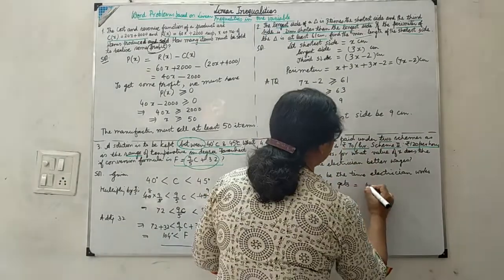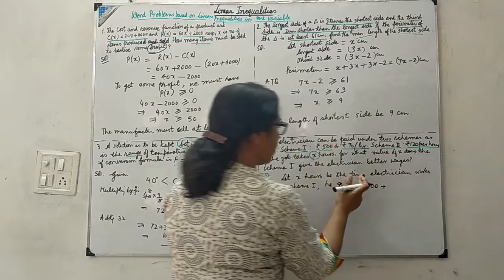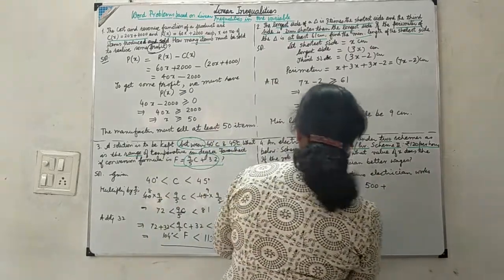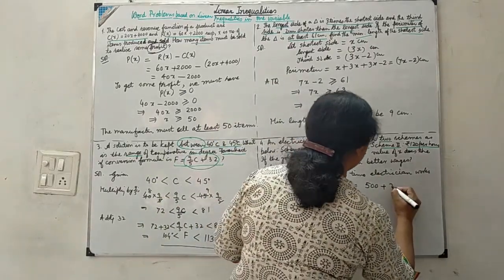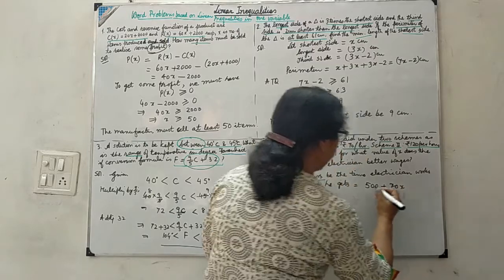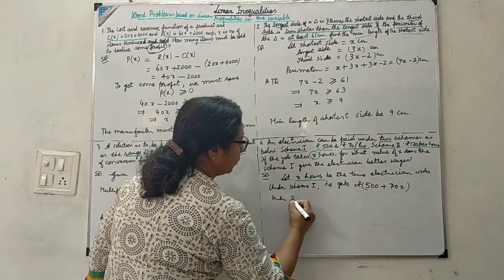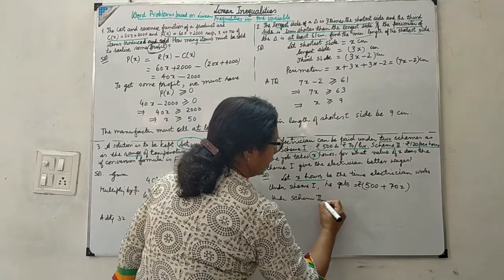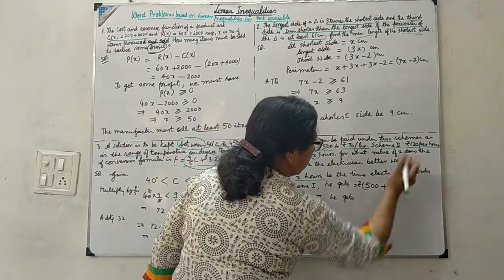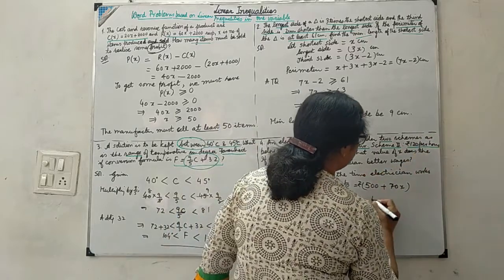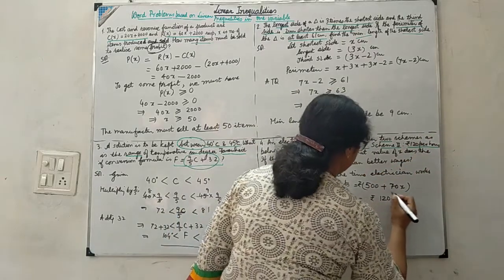So he will be getting 500 plus, because he is working for x hours, 70x. And under scheme 2, he gets rupees 120 per hour, that means rupees 120x.